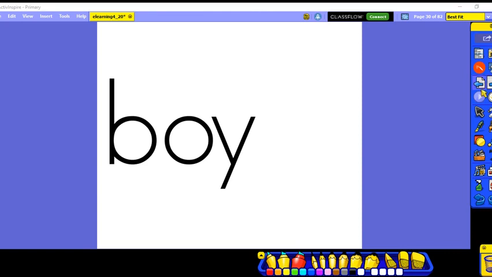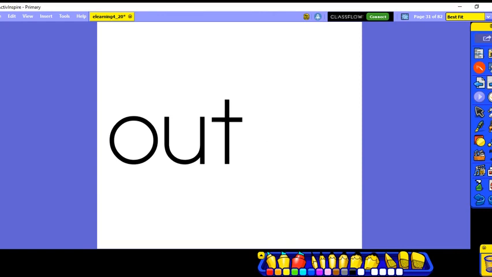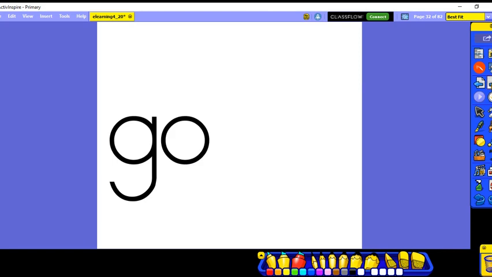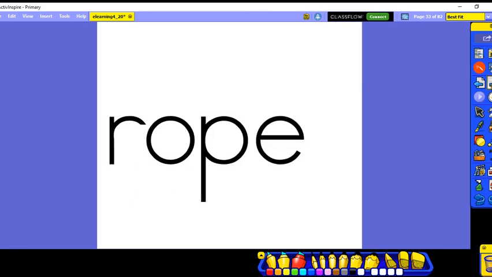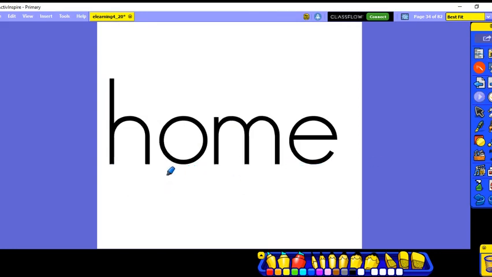Boy. That OY makes the oi sound. Oi, boy. Here's a sight word for us. Out, go. And here's one of our vowel consonant E words. Rope. Here's another one.